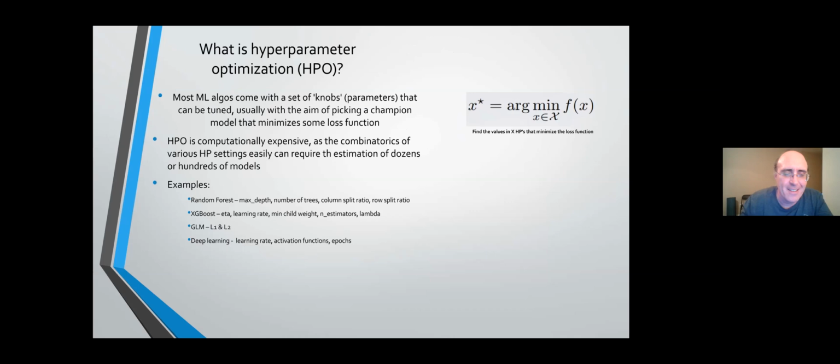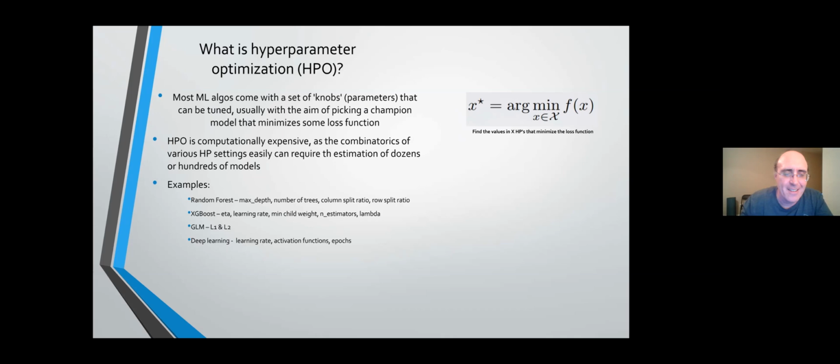So there's a couple X symbols. X star is the combination of settings that satisfies that argument. And then the large X is the entire hyperparameter space.